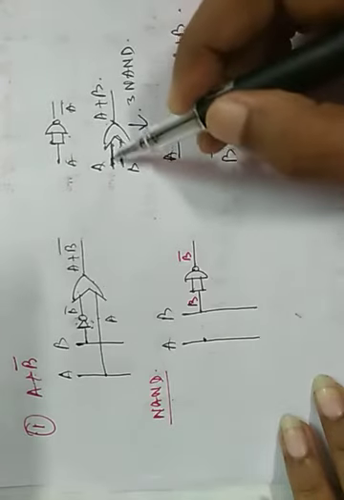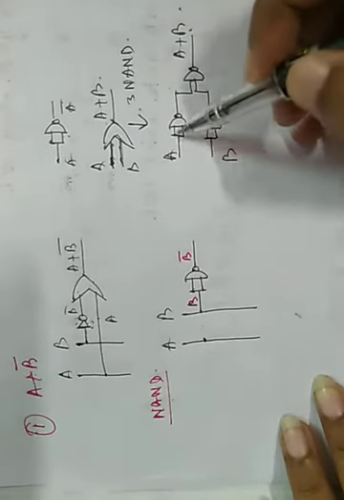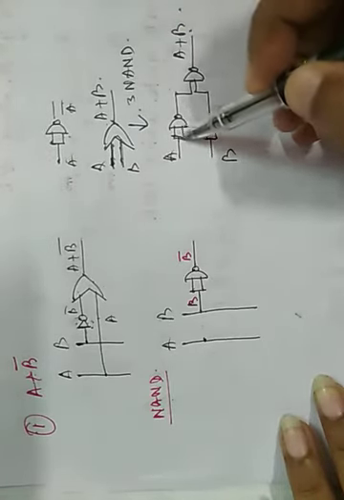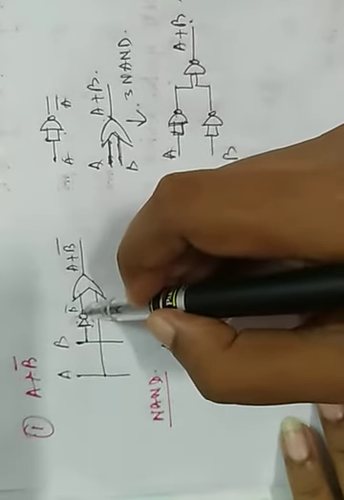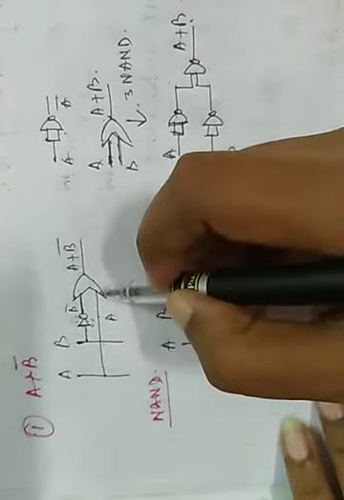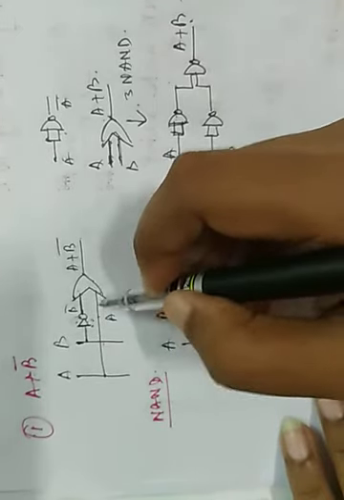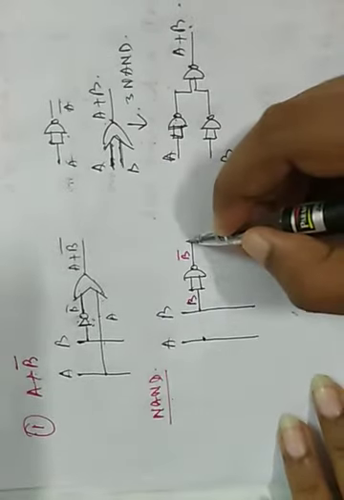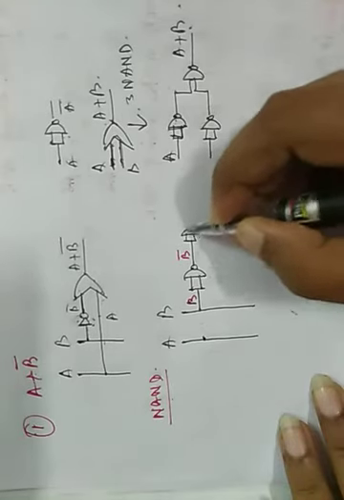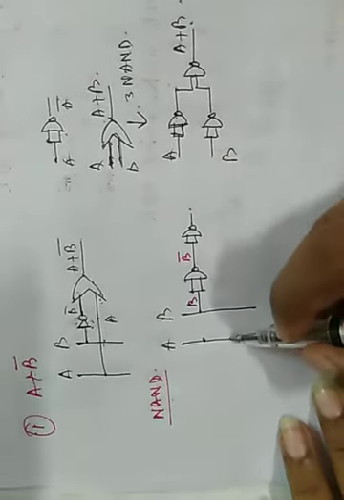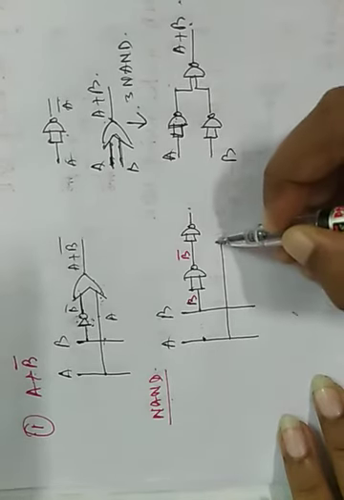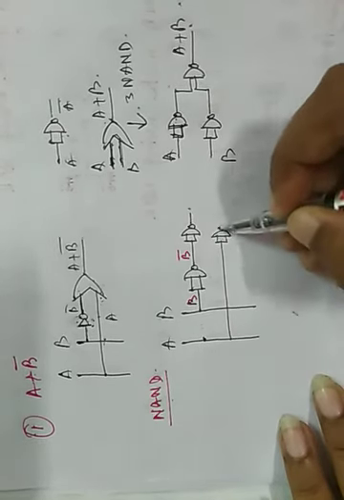Okay, for both individual input lines there must be one NOT gate. So here the individual input lines are, one is B complement and another is A. So two input lines. For B complement there should be one NOT gate. For A, another input line, here also another NOT gate.